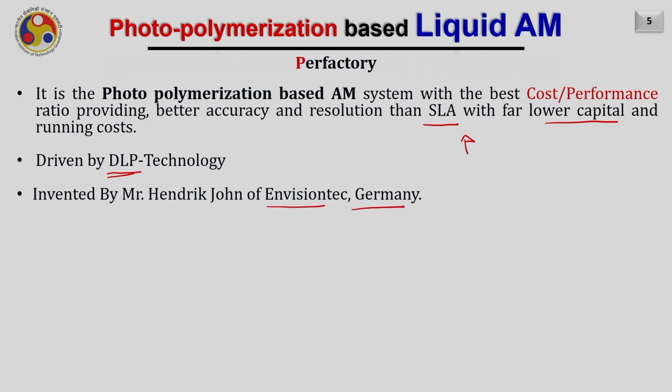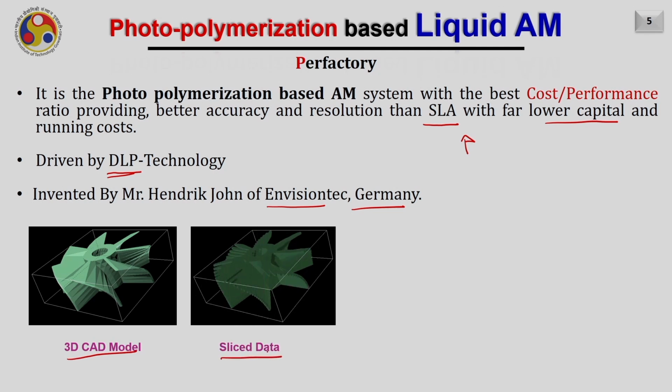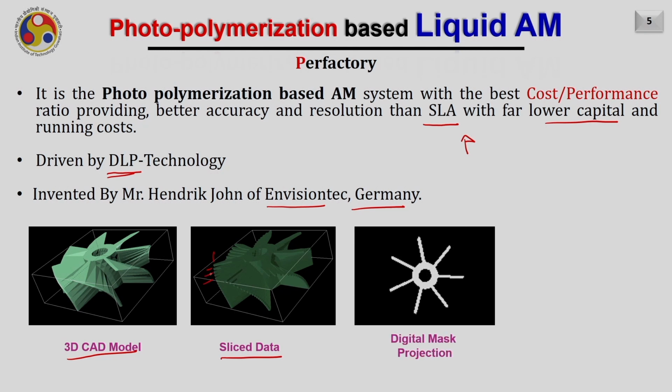The process works in a very similar way to other additive manufacturing processes. We start with a 3D CAD model and then we do the slicing of the object. As you can see here, these are the contour data. Then each contour data is converted to something called a digital mask. So what is a digital mask? Assume that this area, from here to here and here to here in this direction, consists of a lot of mirrors.